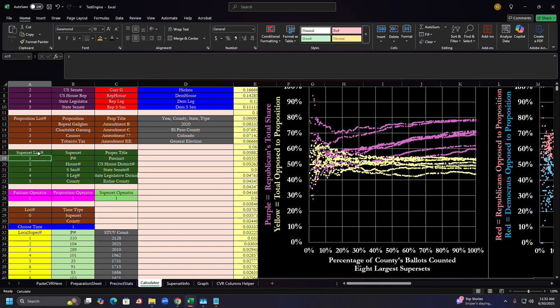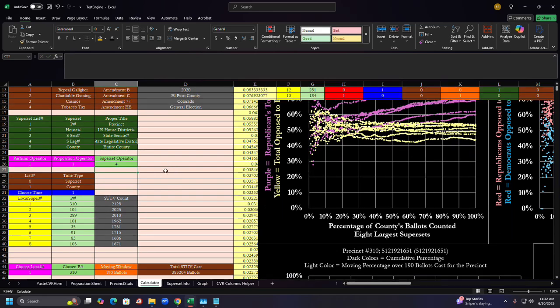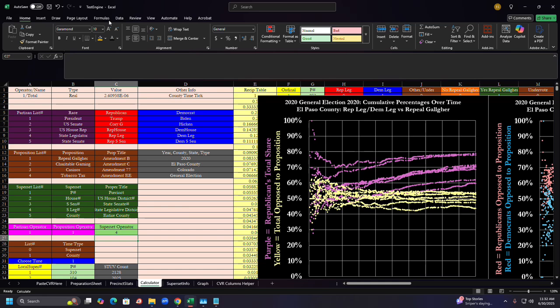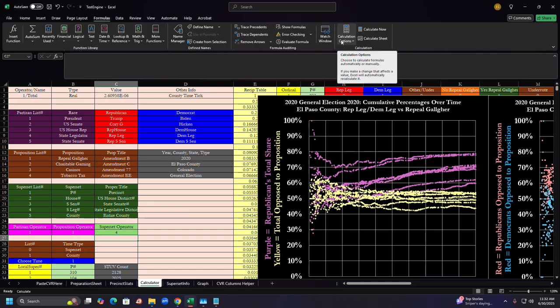Okay. So let's do the legislative districts. Then we're going to pop that out here. And it's going to choose the top 8 legislative districts with ballots cast, which in this case is all 8 because there's only 8.